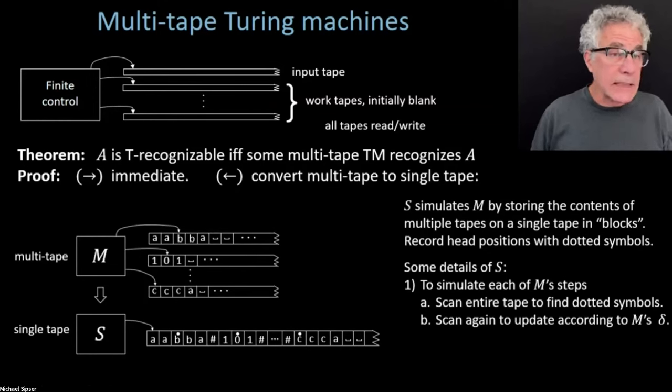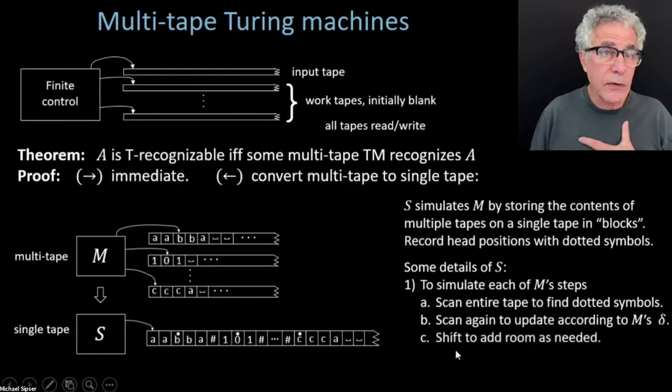Well, in that case, S goes to a little interrupt routine and shifts all of the symbols to the right one place to open up a location where it can write a new symbol for continuing the simulation. So with that in mind, S can maintain the current contents of each of M's tapes. Let me just note here: shift to add room is needed.